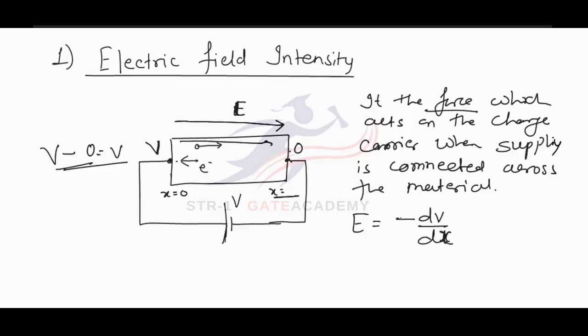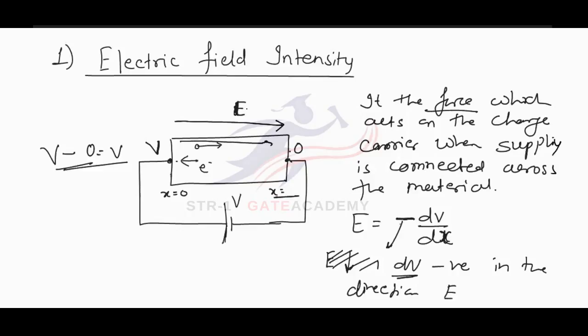The negative sign in the electric field represents that the voltage change dV is negative in the direction of the electric field.